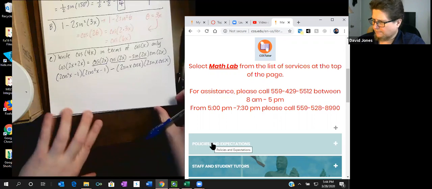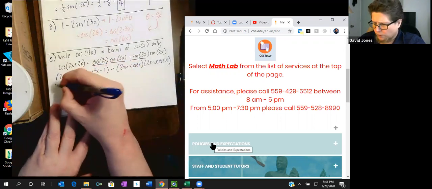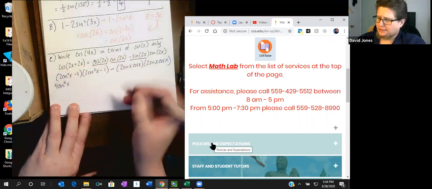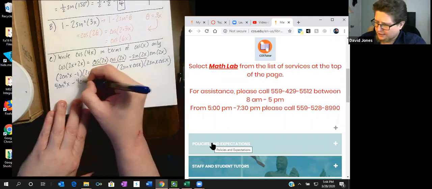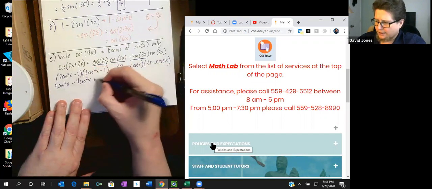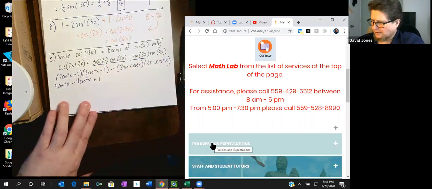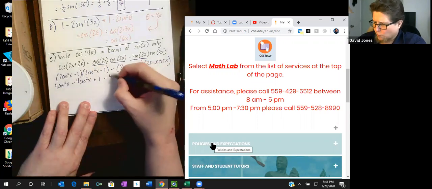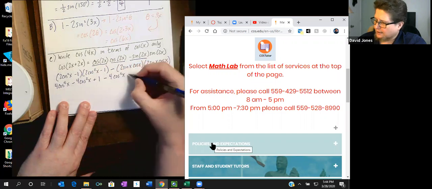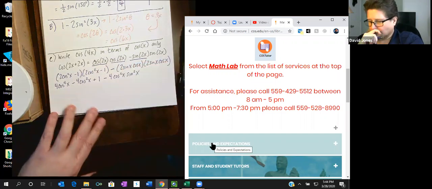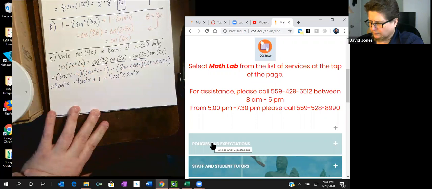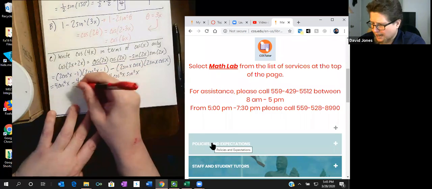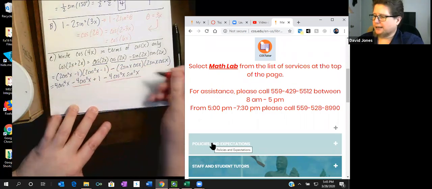So let's clean this up. If I distribute, I have 4 cosine to the 4th x minus 4 cosine squared x plus 1 minus 4 cosine squared x sine squared x. If I look at these two both have a negative 4 cosine squared x in there.